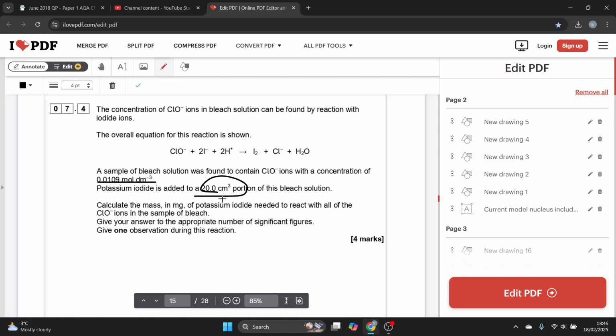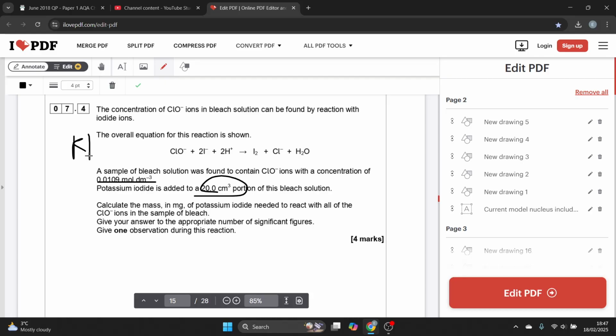Okay, let's just do that. 20 divided by 1000 times by 0.0109, then that is ClO minus, and then times by 2. Then I'm going to do the mass from moles and Mr. The mass is the moles times by the Mr of potassium iodide, which is just KI.